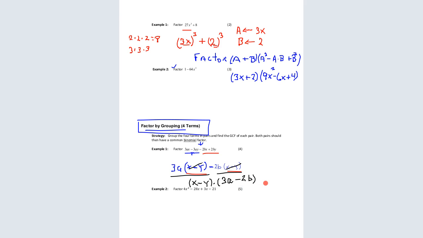Okay, so that's how we factor these four-termed expressions. And as I said, these are important because they'll help us with trinomials when we come to it. So I'm going to do the next one as an example, and it's going to be worth our while to spend some time doing these.